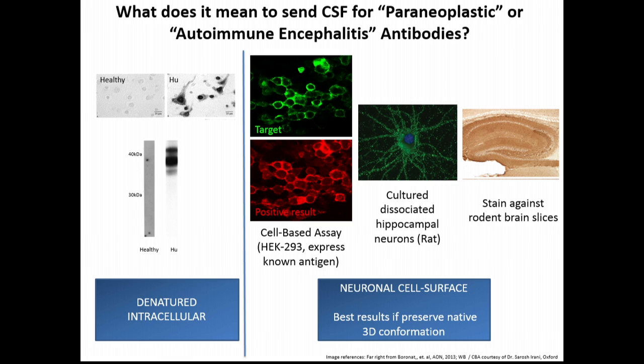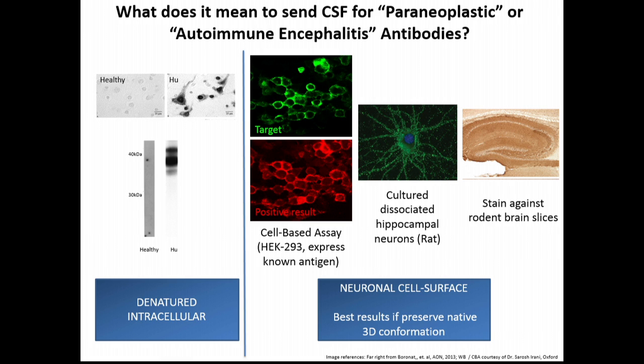And so the revolution in that was expressing the antigen on a cell surface and then applying immunohistochemistry, or growing neurons in culture and using immunohistochemistry, or slicing a brain and staining that. So when you send a Hu antibody as an example, you're using classical lab molecular biology for that.